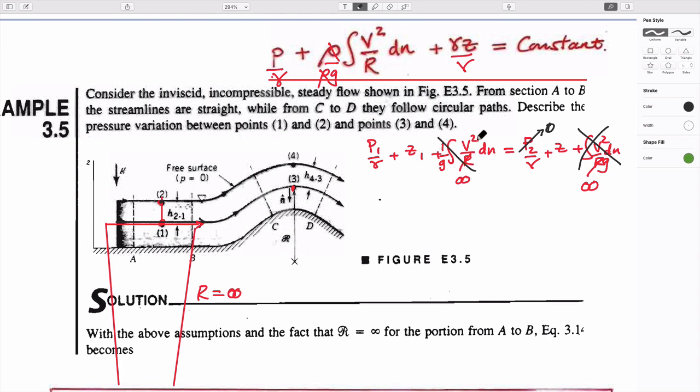And if these terms both drop out, we have that P1 is equal to P2, I'll keep it divided through by unit weight, plus Z2 minus Z1. If we multiply through by unit weight, you'll recognize this equation straight away, right? It's just that P1 is equal to P2 plus Z2 minus Z1 times unit weight.